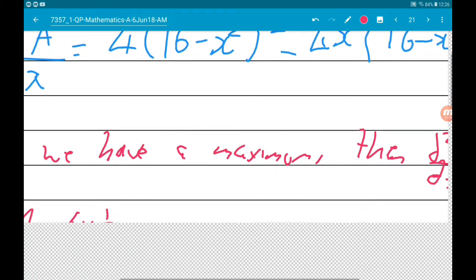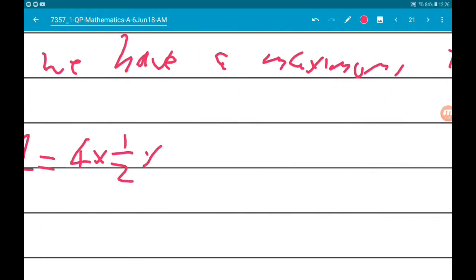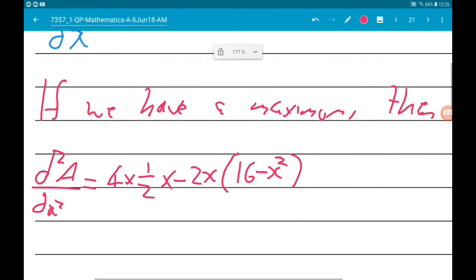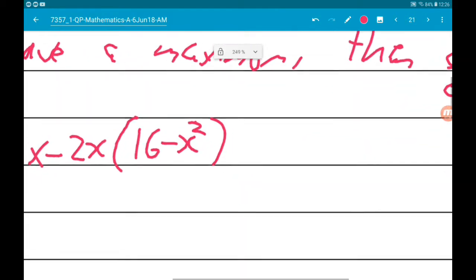So times minus 2x times the bracket to the power of minus a half.